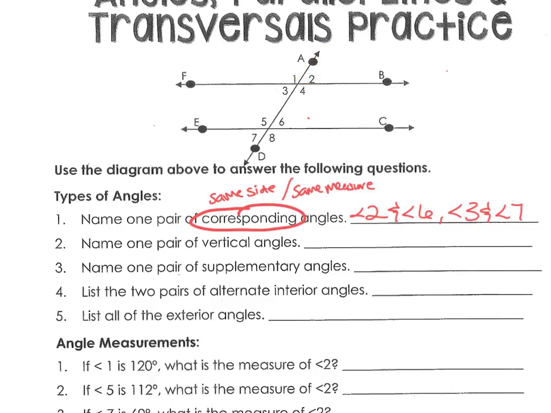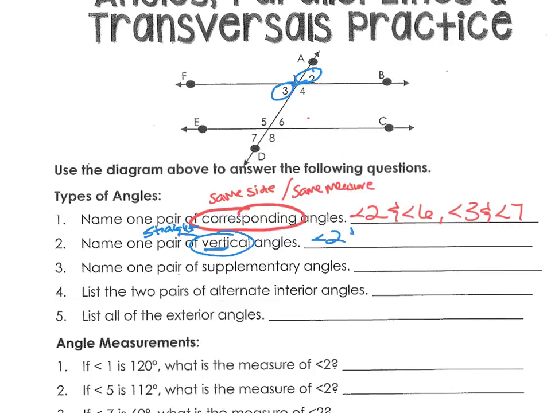And then number 2, name one pair of vertical angles. So vertical is just straight across from each other. So like two angles that are looking at each other where they meet at the vertex. So for example, angle 2 would be vertical from angle 3.